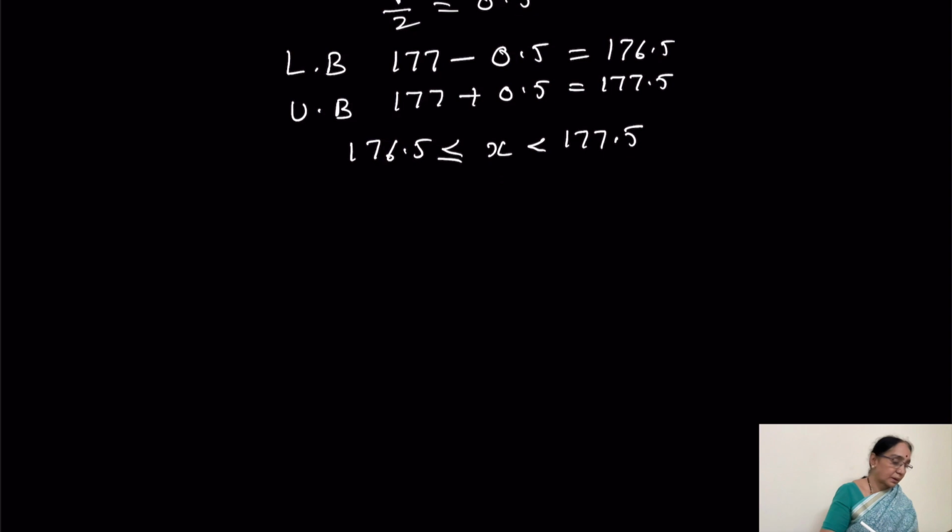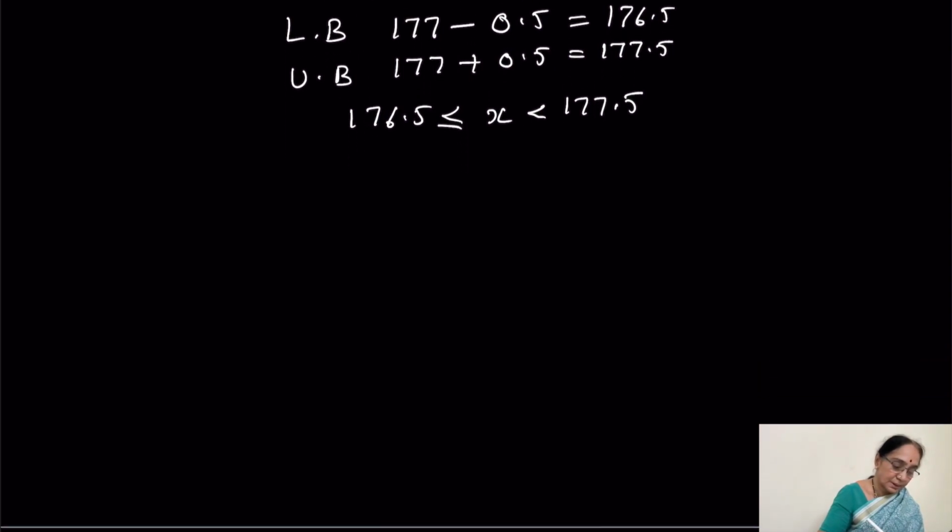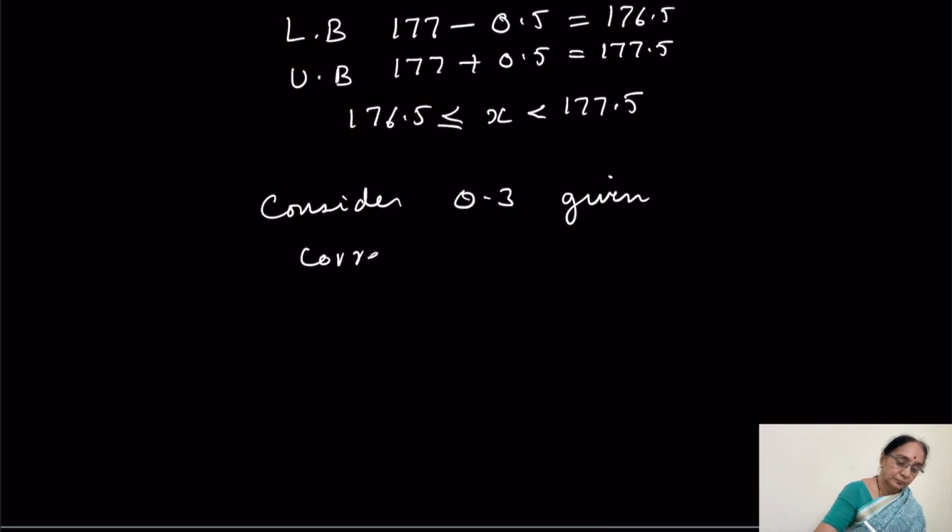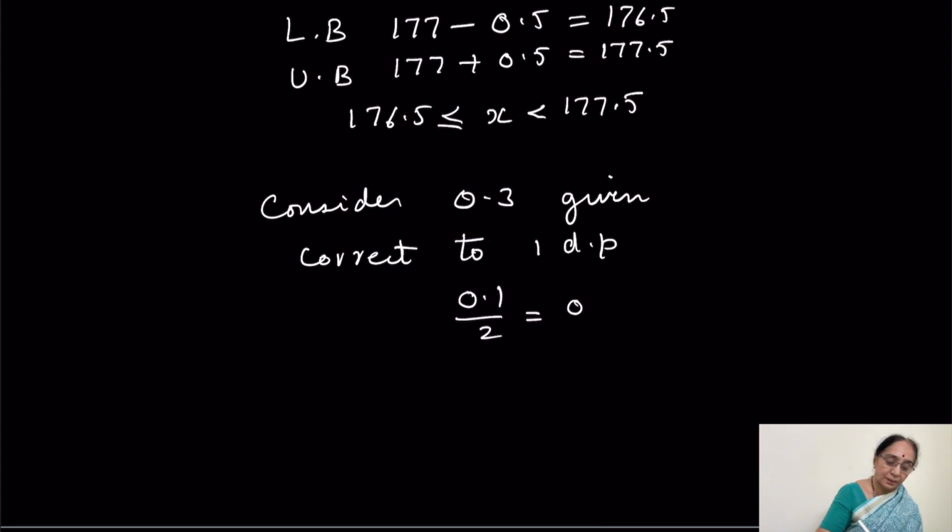So we will correct 0.3 is some measurement. Consider 0.3. It is some measurement given correct to one decimal place. Give the upper bound and the lower bound. So, one decimal place, we already saw 0.1. Divide that by 2.